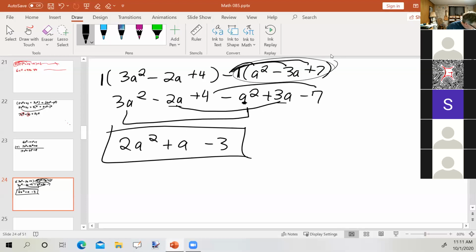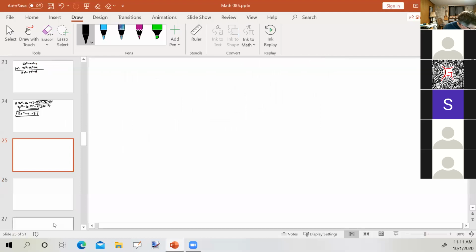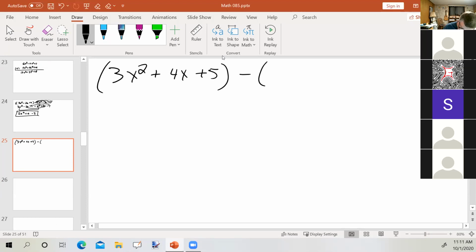Okay. Let's see here. How about this one? It says 3x squared plus 4x plus 5 minus 2x squared minus 2x plus 3.